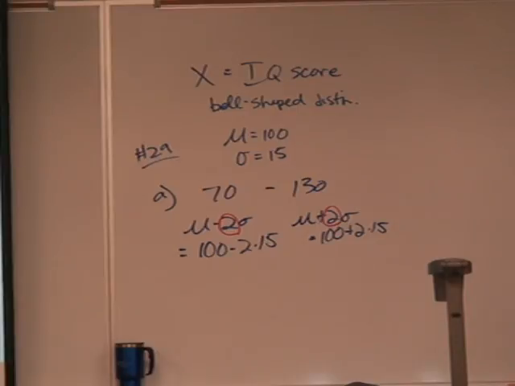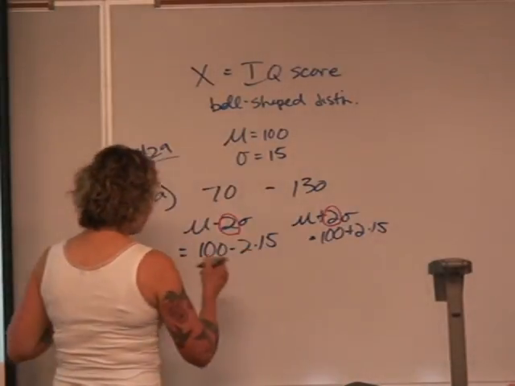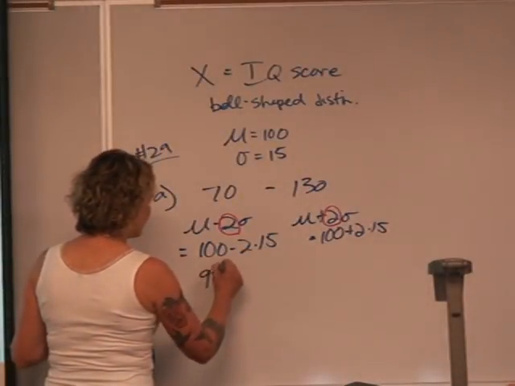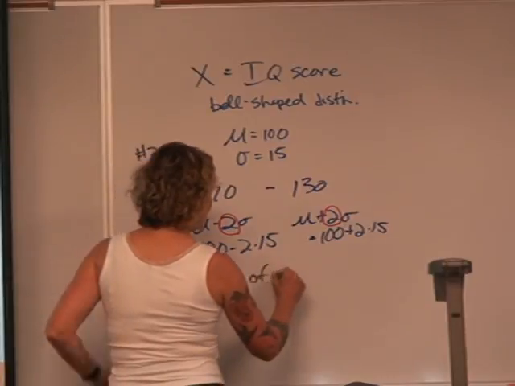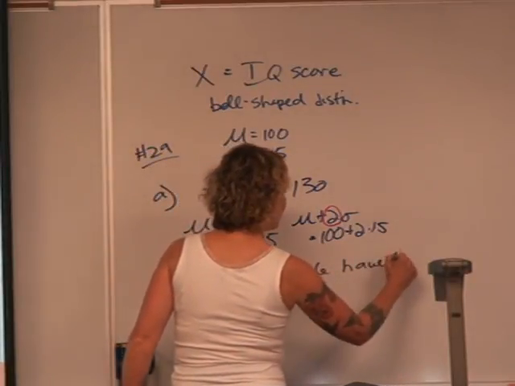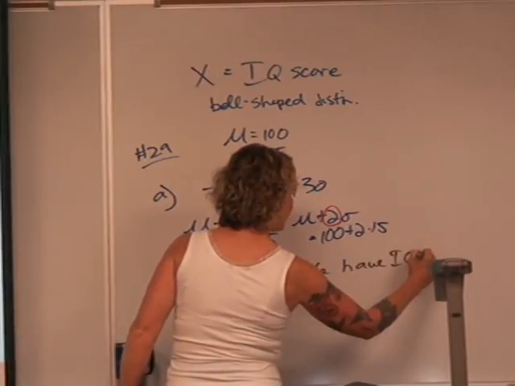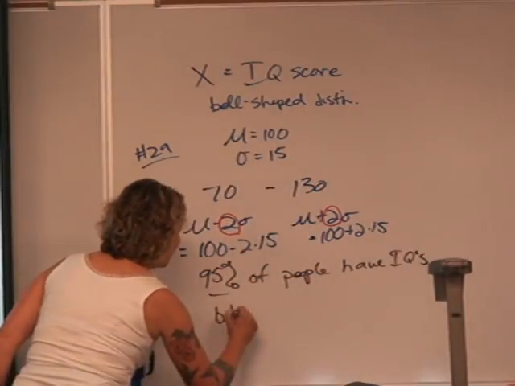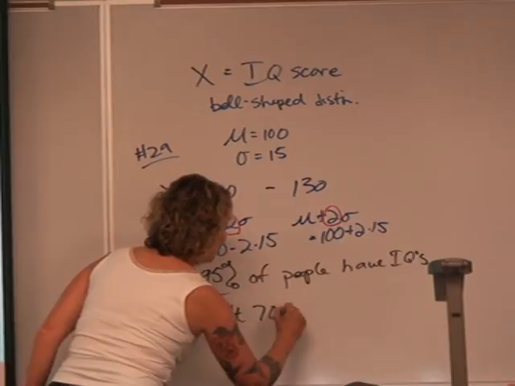So what does the empirical rule say about 2 standard deviations? How much data? Look it up. 95%. Perfect. So then we can say that 95% of people have IQs between 70 and 130.